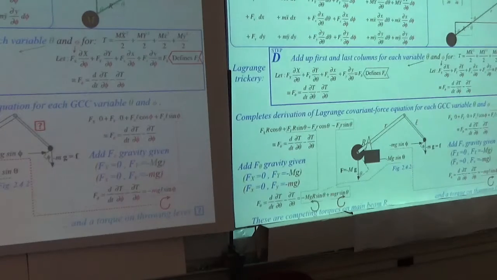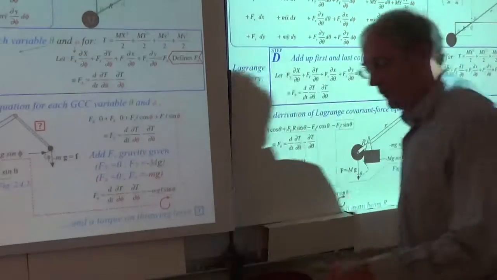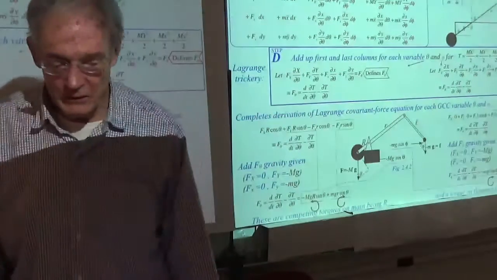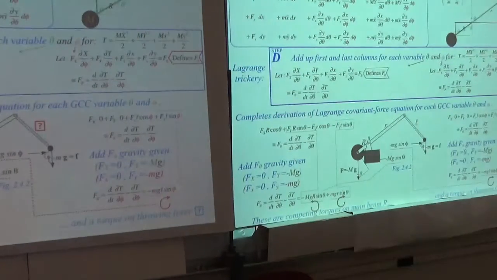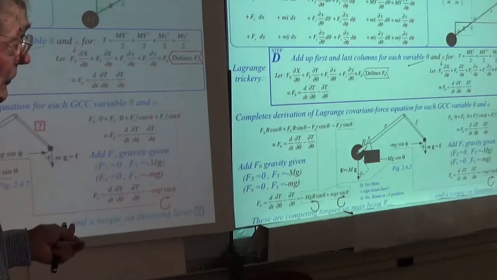Now, one of the things you do is you check to see if this is making sense. And at first it looks like one of those is kind of weird. Is there a sign error here? And the answer is no, because the beam is in the minus position.